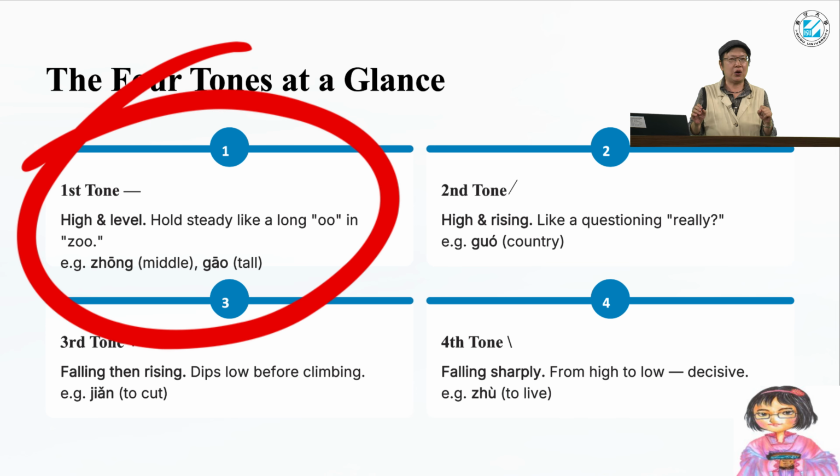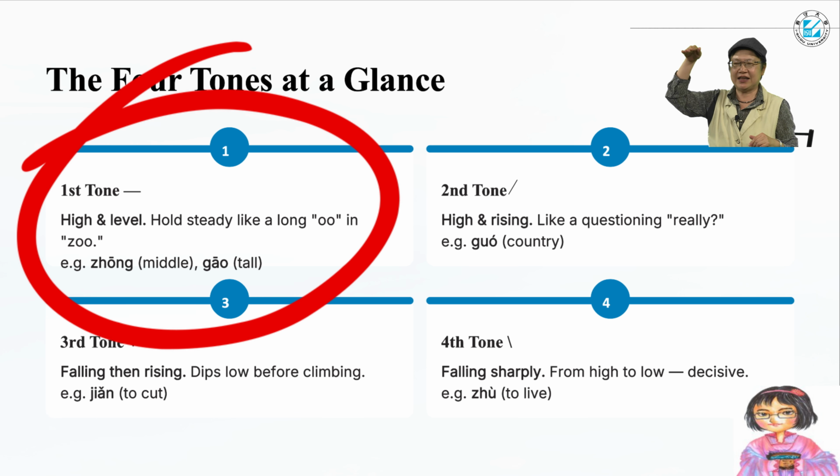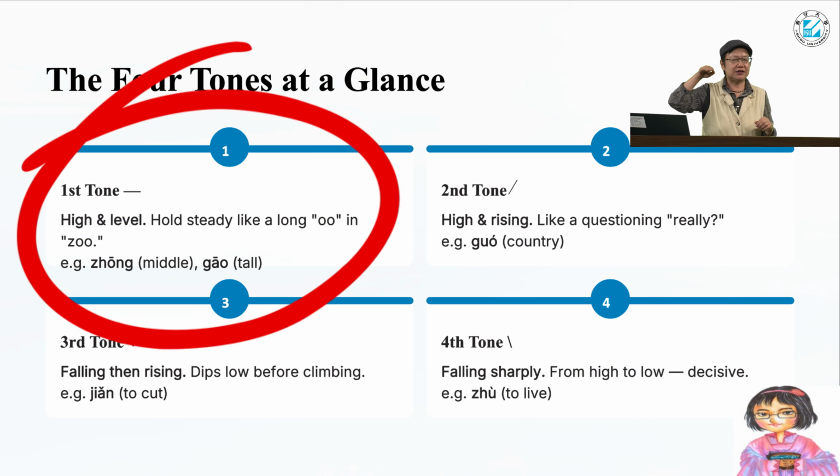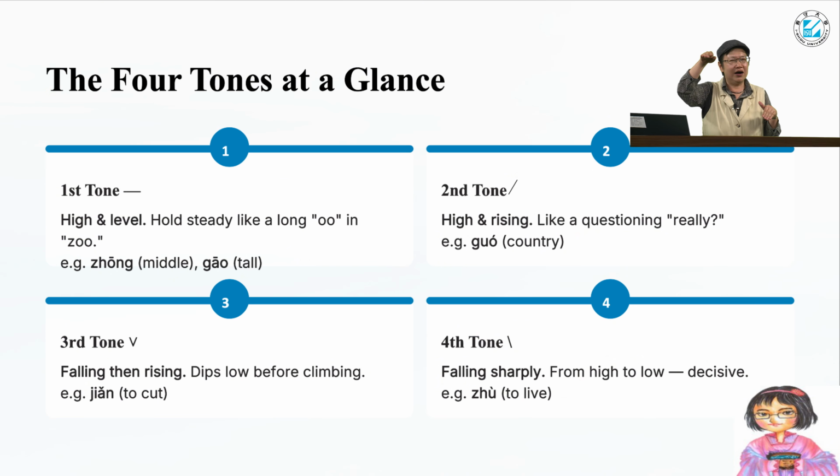So the first tone, imagine the zoom, the sound zoom, and we try to keep it flat and high. So we say zoom, and we say... If you can hold your sound high and try to keep it for 3 seconds, you will try to imitate the Chinese first tone.